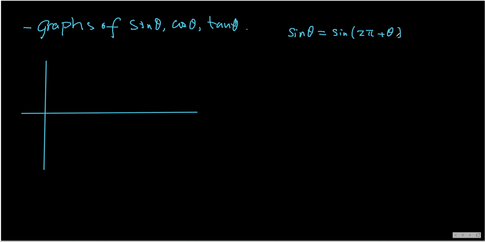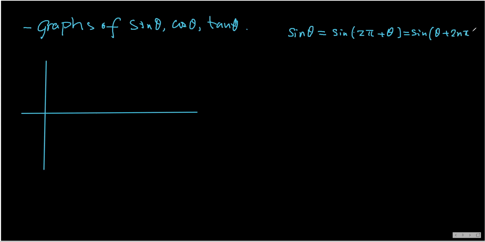So that is a periodic function. In general, you can put the n here: sine theta plus 2n pi.